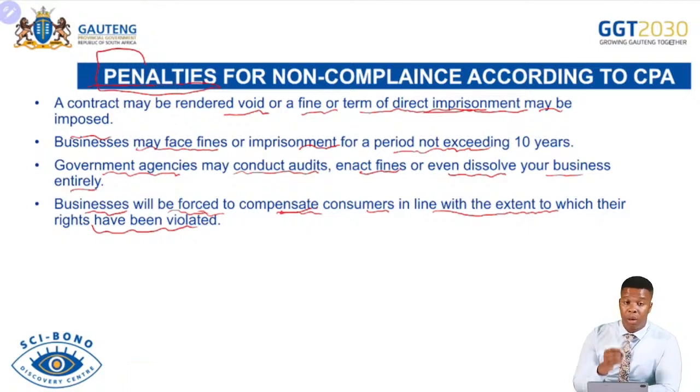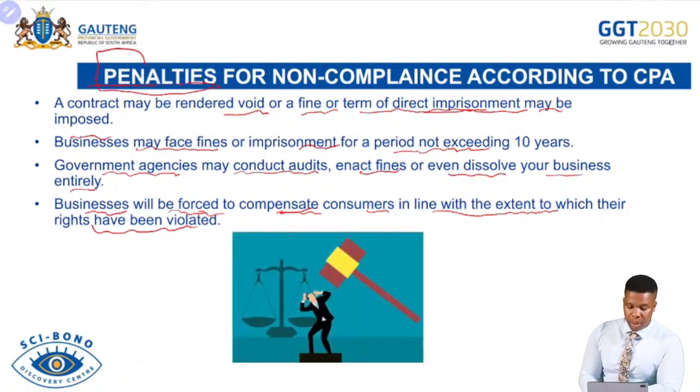Then the business would end up paying for those medical fees because they led to the consumer being injured or suffering a medical condition. That is also a punishment for the business because it means the business would lose money. So that is punishment for businesses that fail to comply with the Consumer Protection Act.